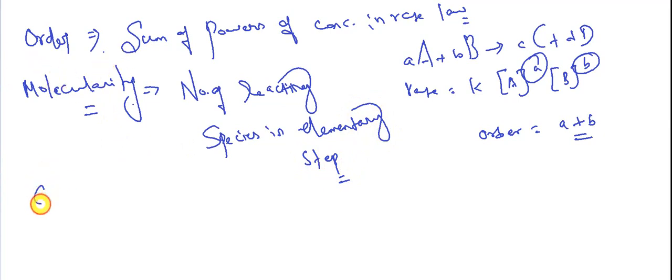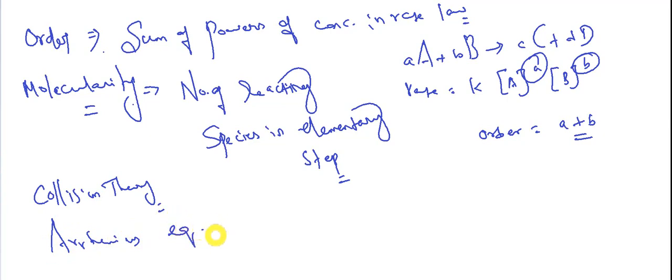Then the important topic is collision theory, and then the Arrhenius equation. As you know, K is equal to A into e to the power of minus Ea by RT.